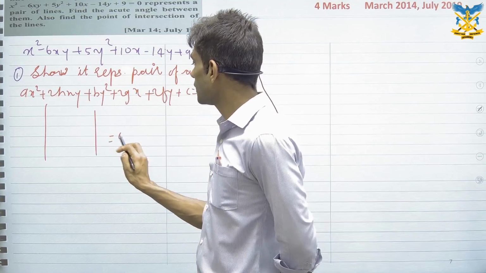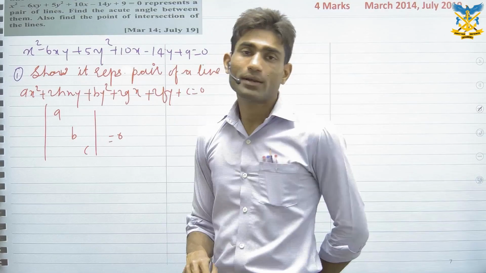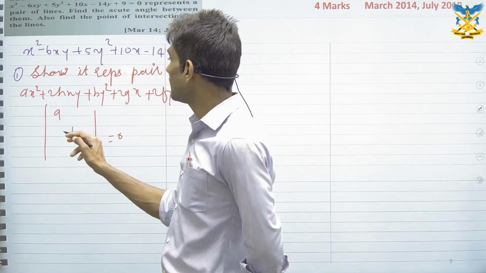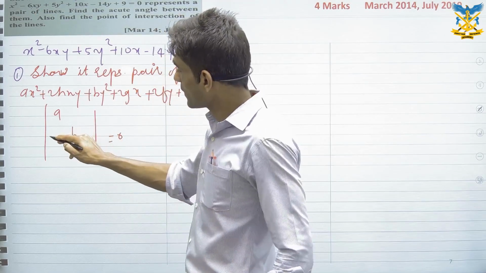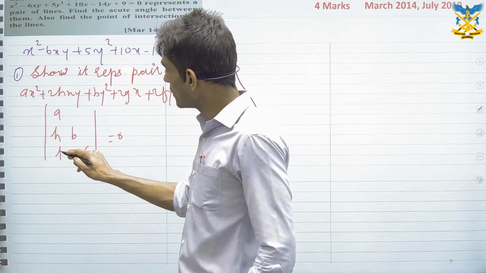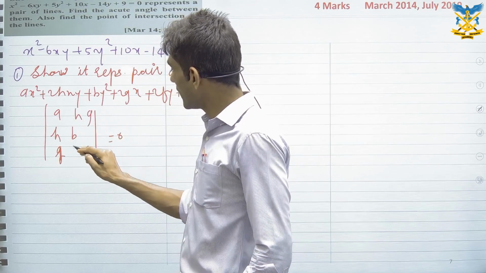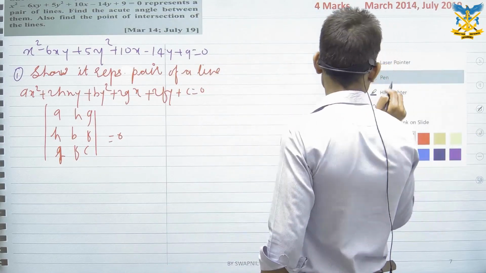If this determinant goes to 0, then we say that our equation represents a pair of straight lines. So abc, after that we have h, g, h, b, f, g, f, c. These are the values which we have to find.